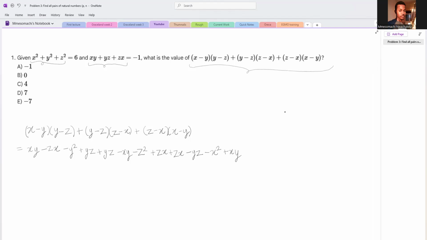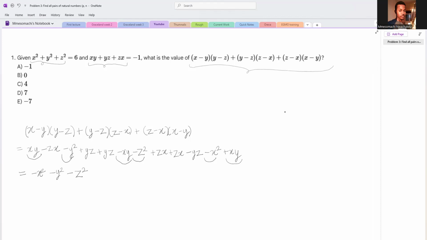Okay, so let's look at these terms. First of all, we have minus y squared minus z squared minus x squared, so we can just put that down. Next, we have xy, we have minus xy, and then we have xy.